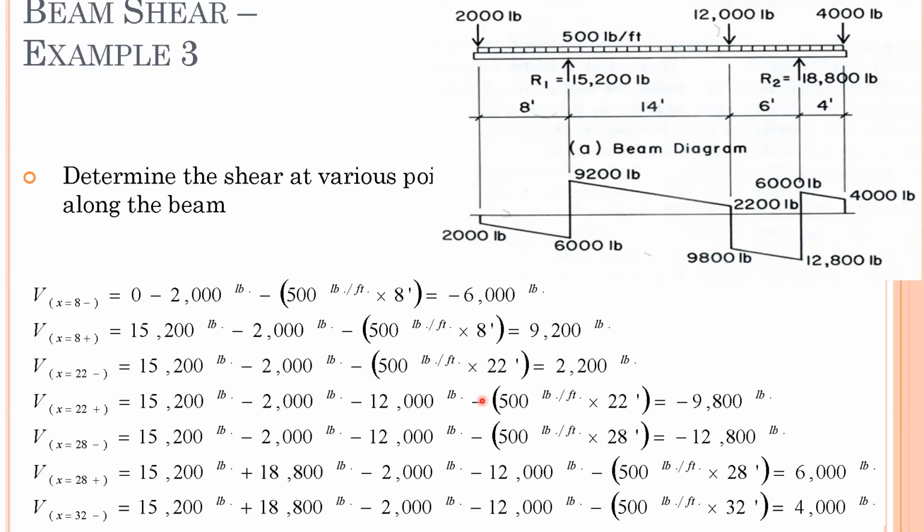If you notice, everything that is coming down subtracts from it for the negative. For the positive shear, the positive 22 is where we had another point load, to see what is going to happen there. So you had another point load here, and you get a minus value for this section, which is right here, right?